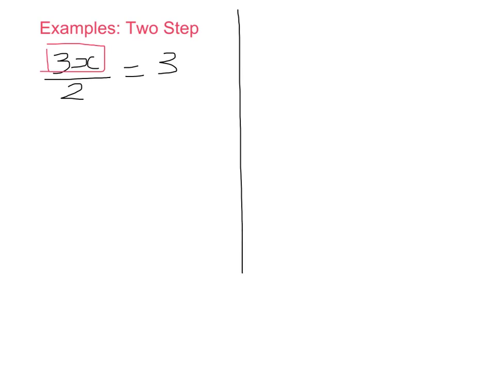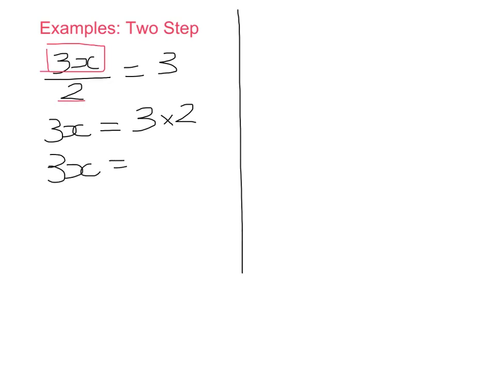They're in a relationship. We can't touch them yet. We have to touch this one first. So 3x divided by 2, the opposite or the inverse of division is multiplication. So instead of dividing by 2, we go 3x equals 3 multiplied by 2.